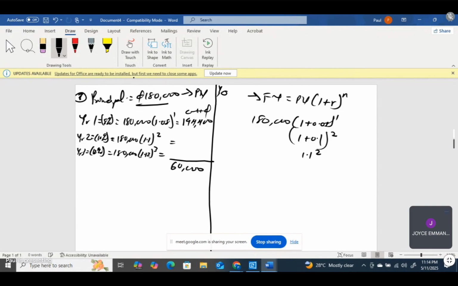Year two, I'm still doing it. 217,800. And year three is 1.12 to the power 3.